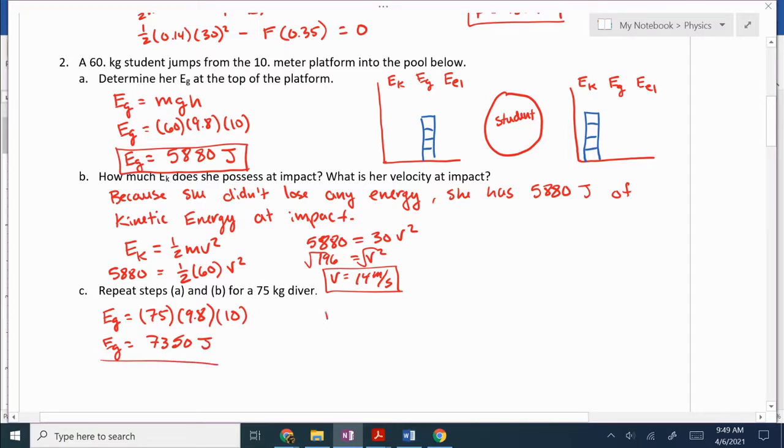But when you put that into the kinetic energy, 1/2 times 75 times v squared, I'm just going to go through and do all the math here.